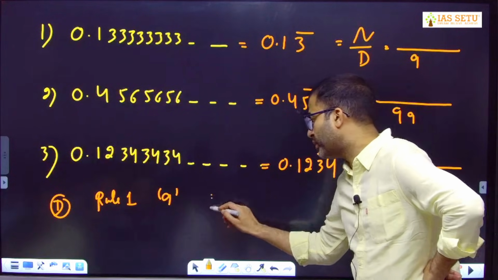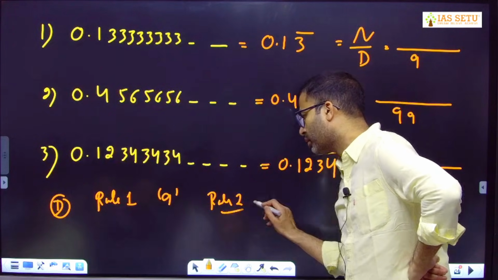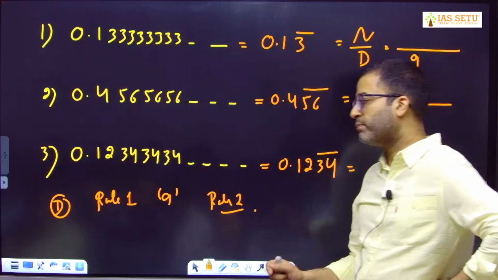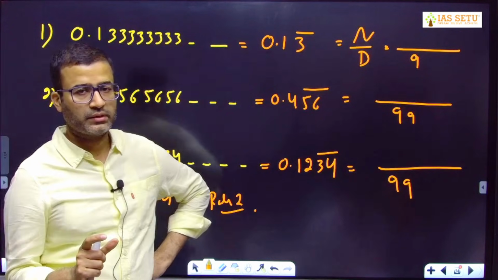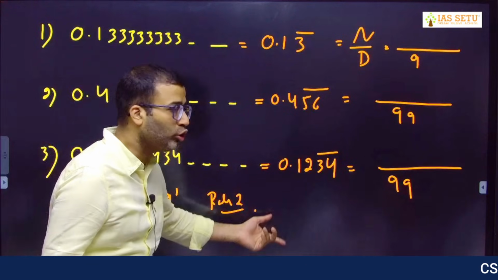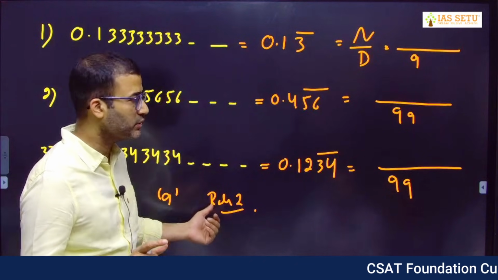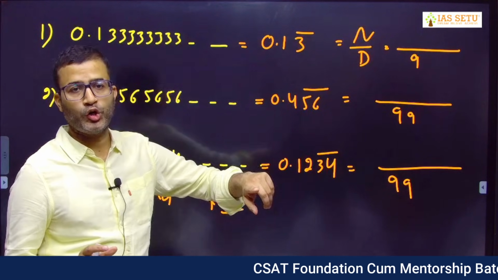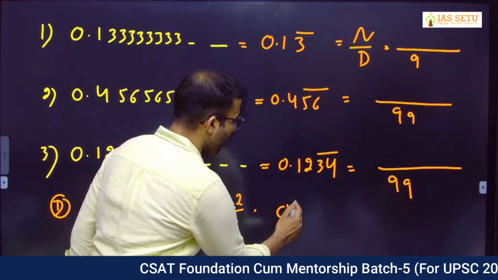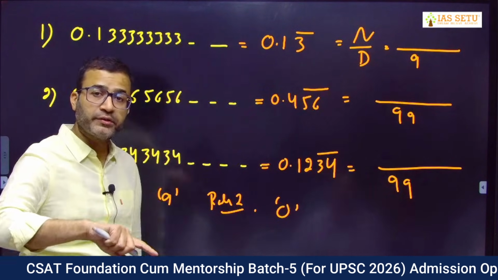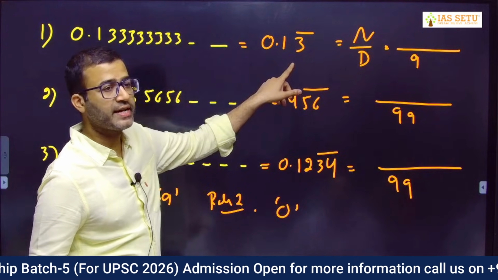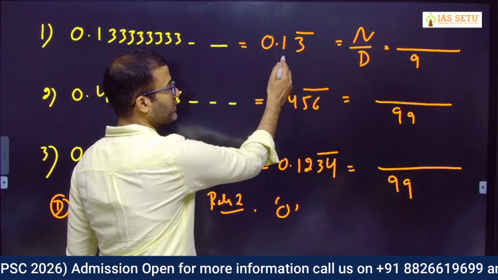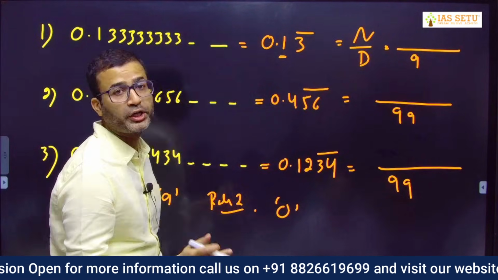Then rule number 2. I repeat, rule number 1, as many 9 as many digit under the bar. Followed by rule number 2: as many 0 as many digit between decimal and recurring part. मतलब जो non recurring है, between decimal and recurring part. So there is 1 digit जो decimal के बाद तो है but repeat नहीं हो रही.